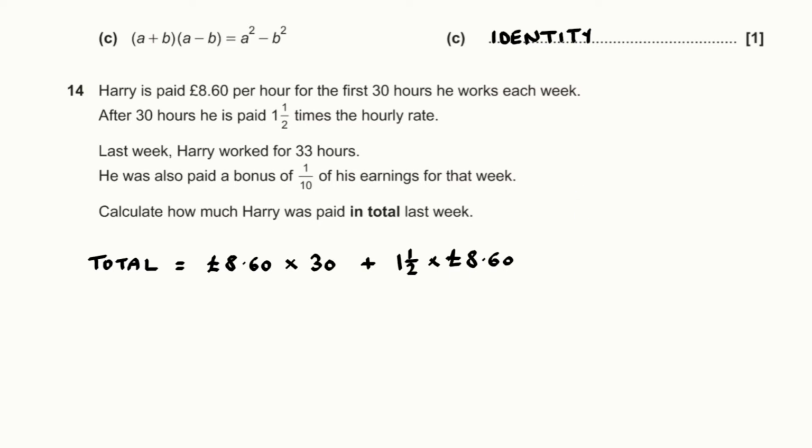So this is the overtime. So if we work this out, well, we also need to times this by 3. So this is the extra hours that are put in, because from 30 hours to 33 hours we've got an extra 3 hours.